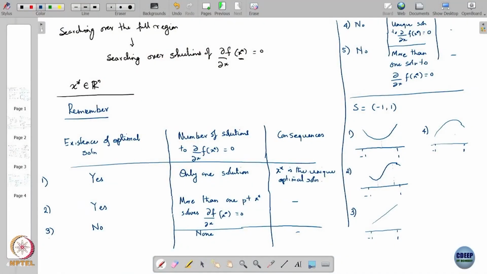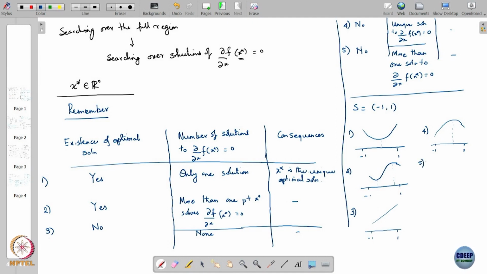The infimum is not attained in this case, but there is this point here where the derivative has vanished. Case 4 is often responsible for many errors, because before checking that a solution exists, people jump into checking for solutions of derivative equal to 0, and then often come up with answers that are not actually optimal solutions of the problem.